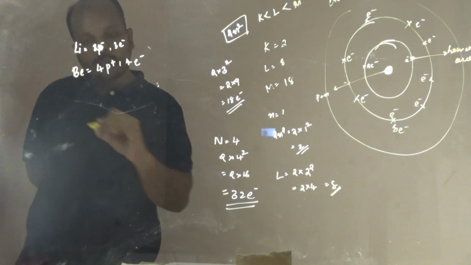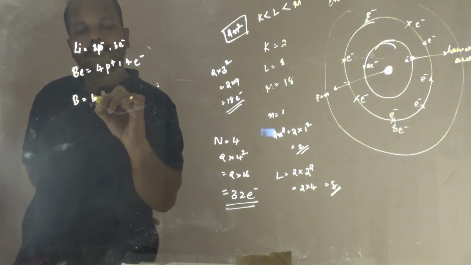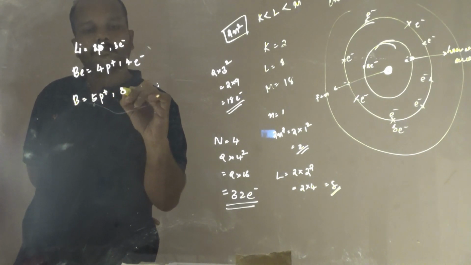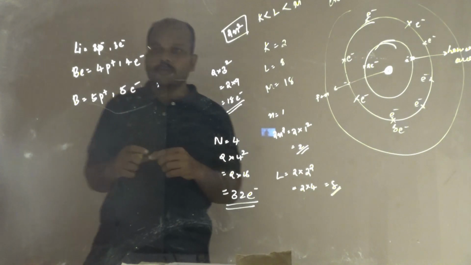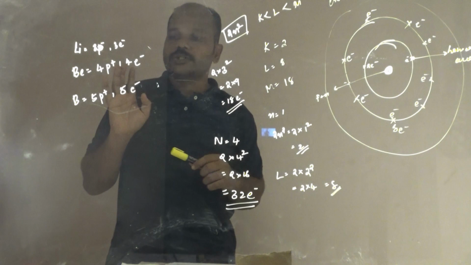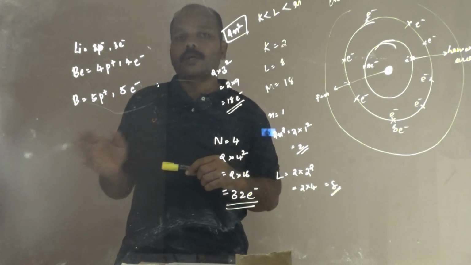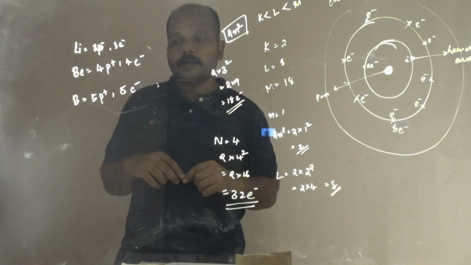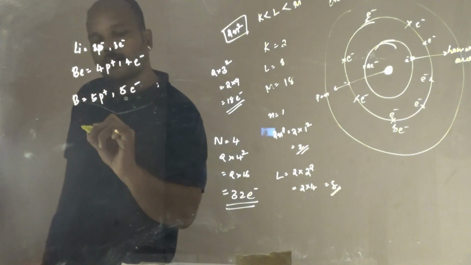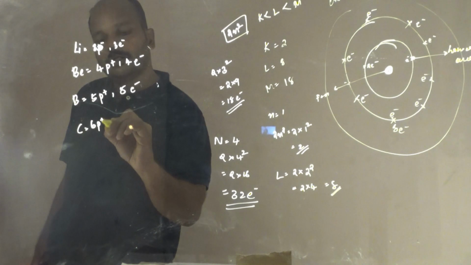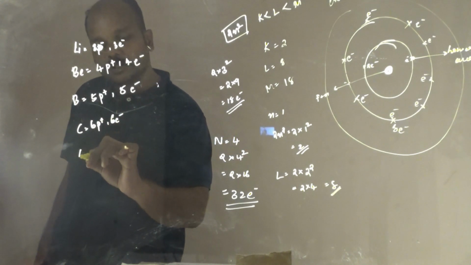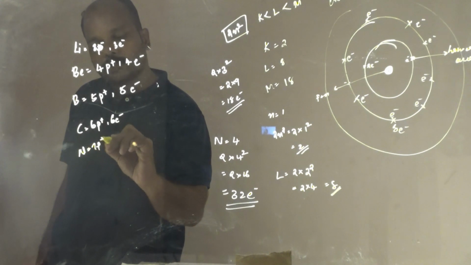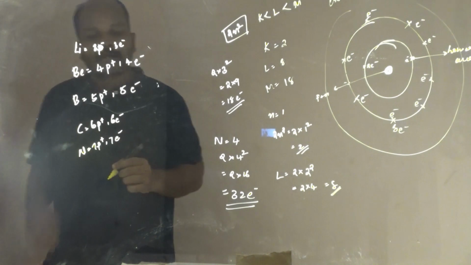Boron has five protons and five electrons. So you need to know lithium, beryllium, boron, and then carbon, which has six protons and six electrons, and nitrogen, which has seven protons and seven electrons.